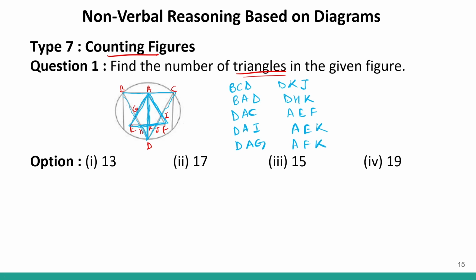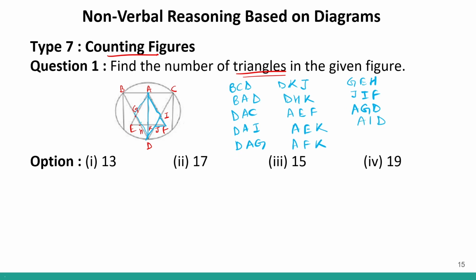Correct? Now I can see this small triangle and this small triangle. So this is JEH and JIF. Correct? Now I can see this triangle. So this is AGD. Similarly, we have AID.